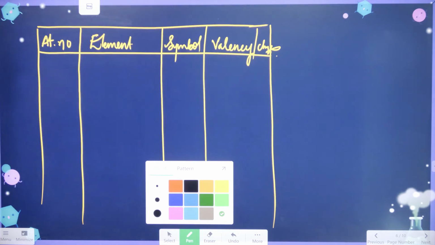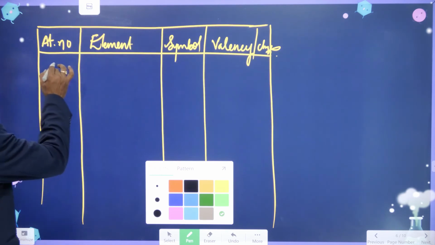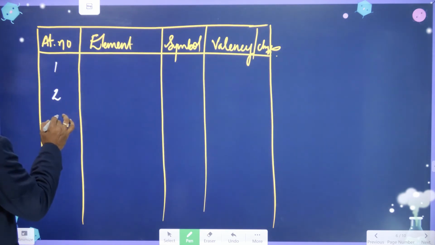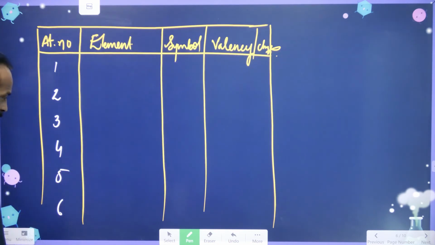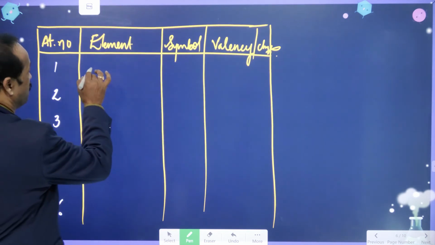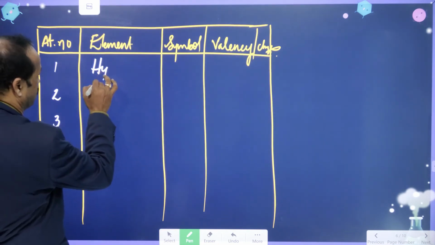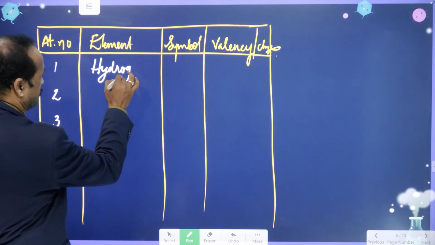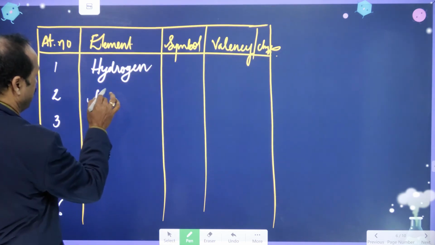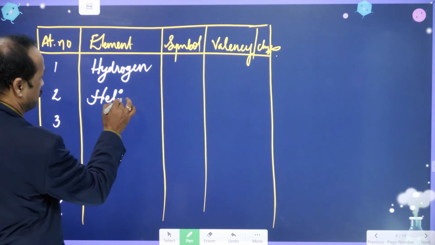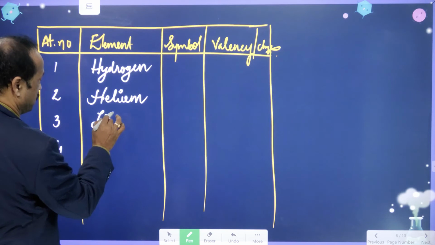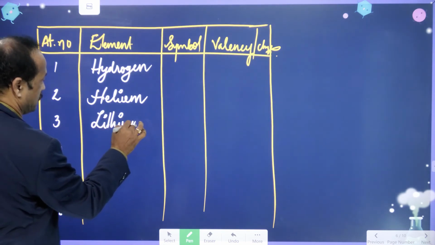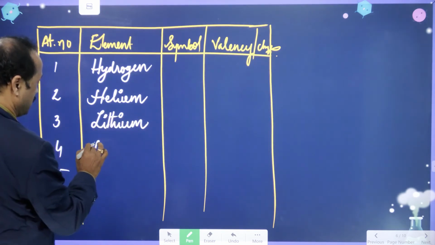Now I'll write the atomic numbers 1, 2, 3, 4, 5, 6. Yes, 6 elements I'm writing, and in this order only you have to learn. First element is hydrogen. Second element is helium. Third element is lithium. Fourth element is beryllium.